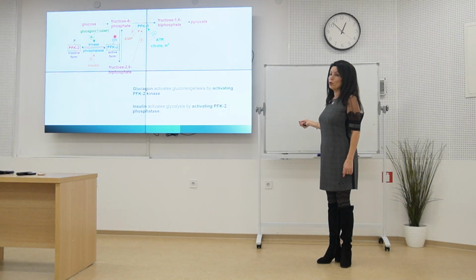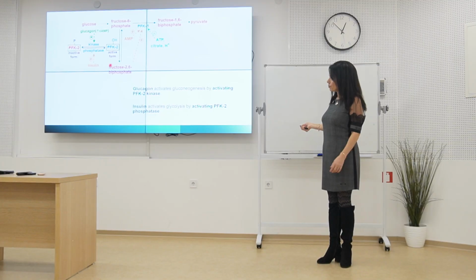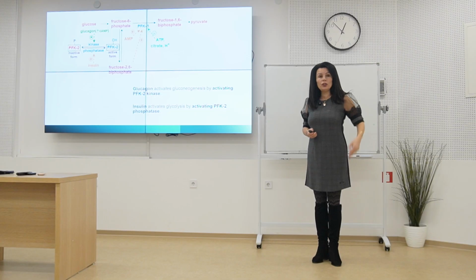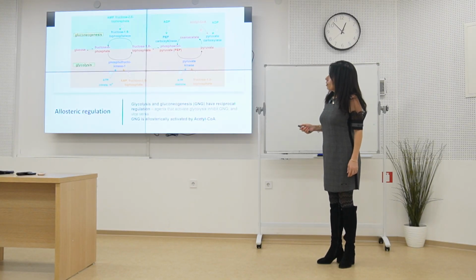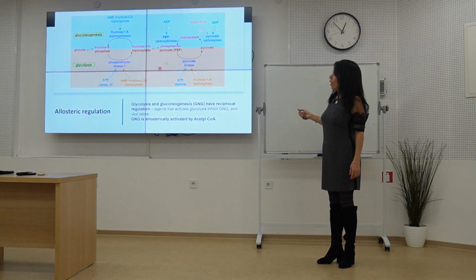The active form is the dephosphorylated form, which means if there is no such compound or a very low quantity, there is no activation of glycolysis, which means inhibition, but GNG will become active. This is the allosteric regulation of both pathways.